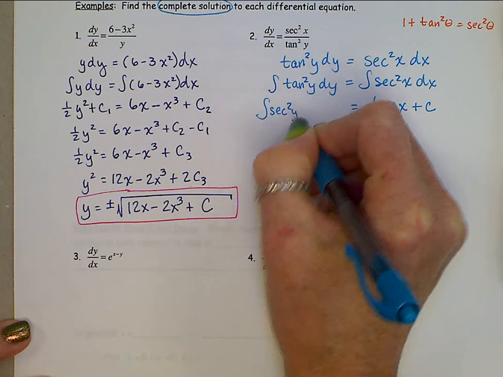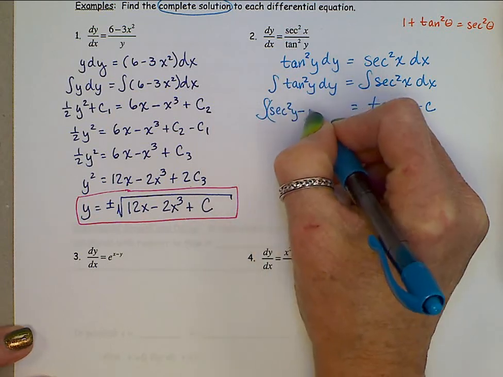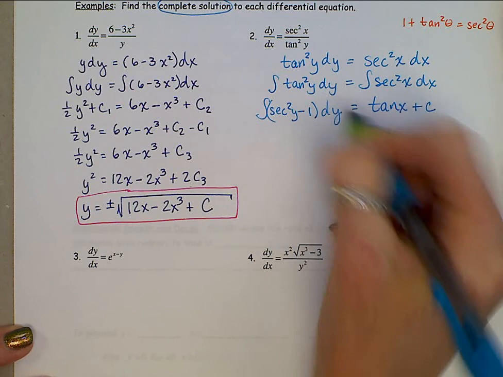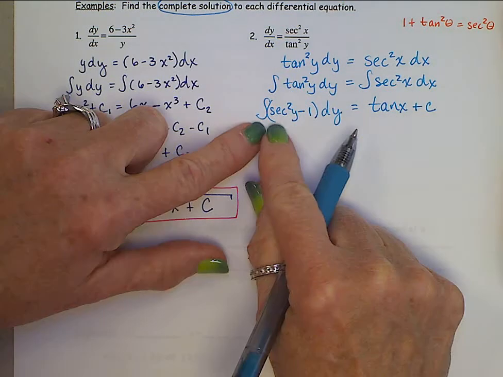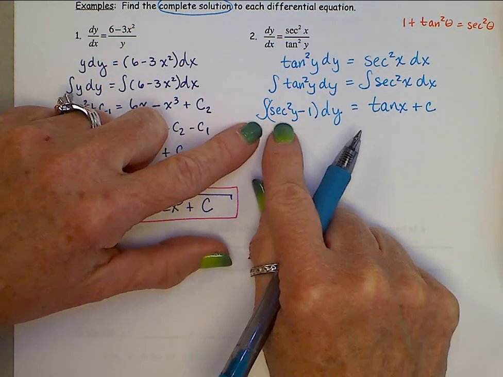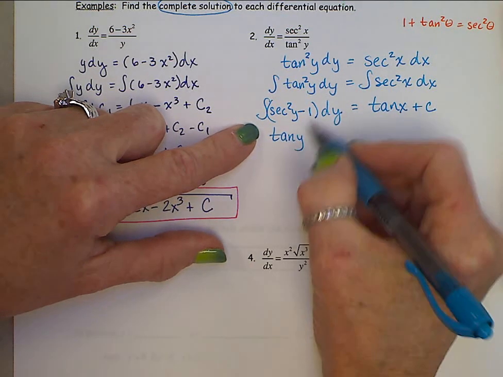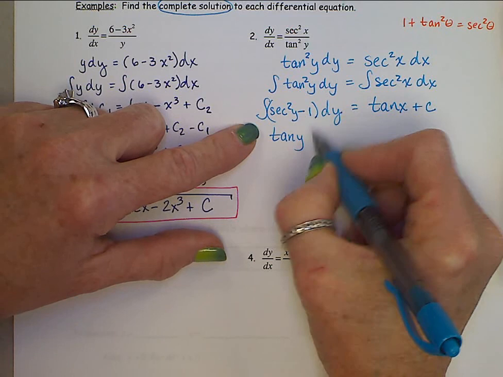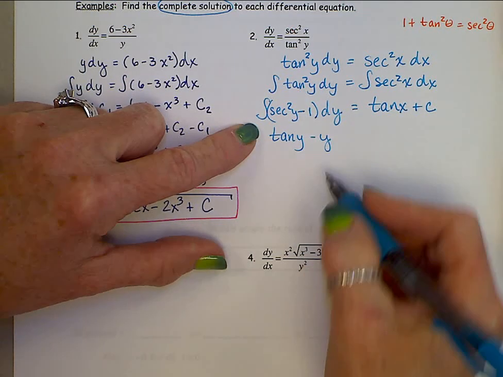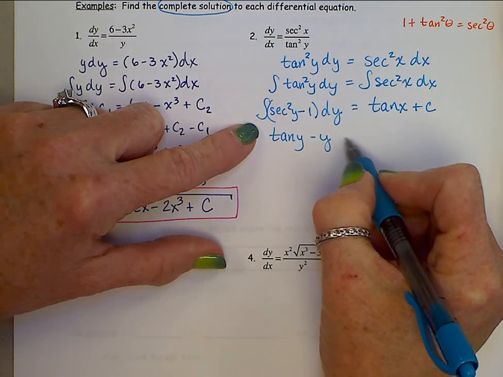So we have secant squared y minus 1 dy. Now we antidifferentiate, and the antiderivative of secant squared y is tangent y. And the antiderivative of minus 1 is minus y. Now, plus some constant over here, c.